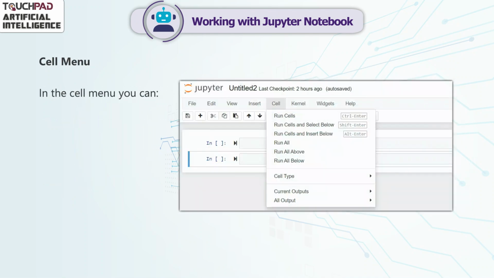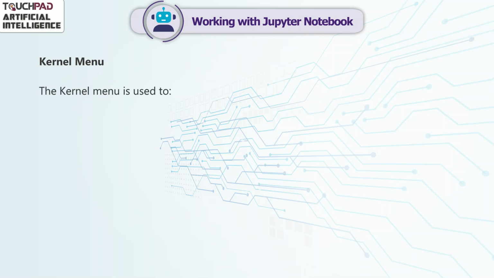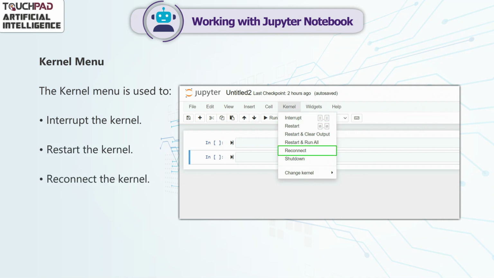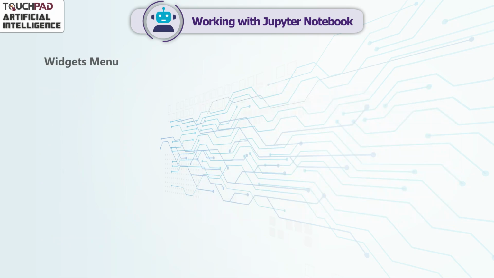Cell menu. In the Cell menu, you can run one cell, run a group of cells, run all the cells, clear a cell's output. Kernel menu. The Kernel menu is used to interrupt the kernel, restart the kernel, reconnect the kernel, shut down the kernel, change the kernel.